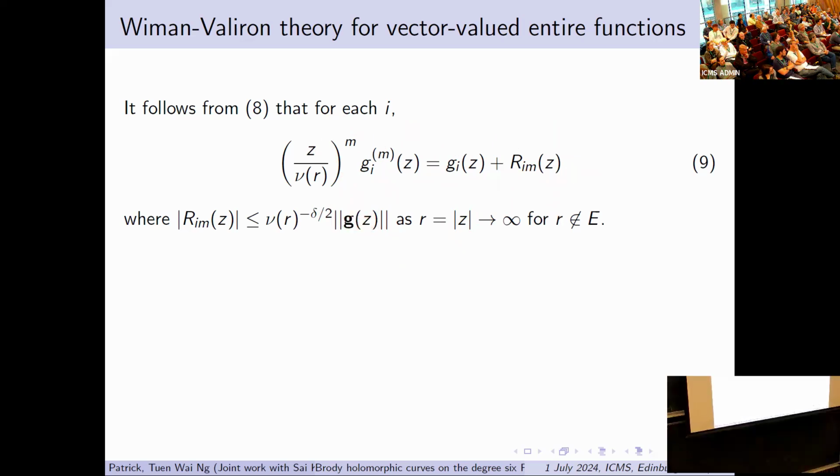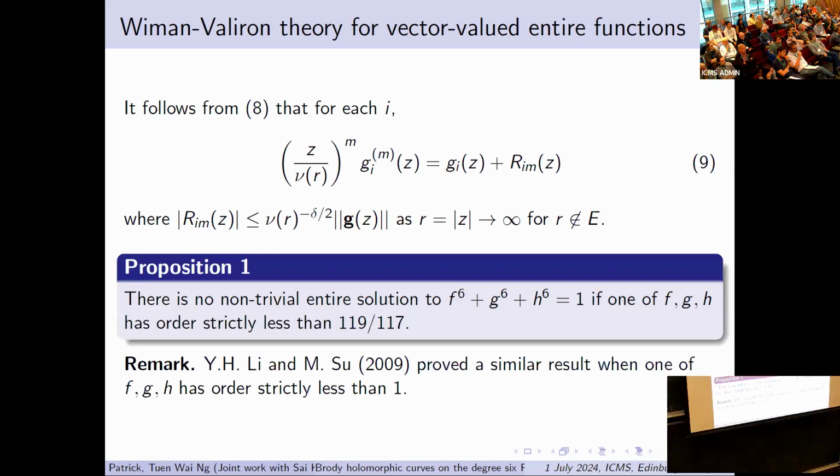Now if you apply the Riemann-Weintraub, the original version, you also get this kind of approximation, but each error term would be unrelated. Here, using this version, you have some control on the error term in terms of the norm of G. So I'm going to prove this Proposition 1.